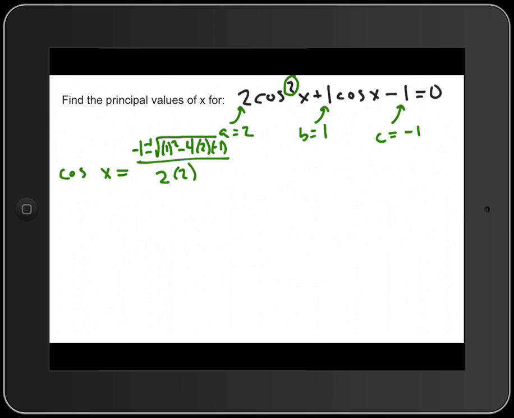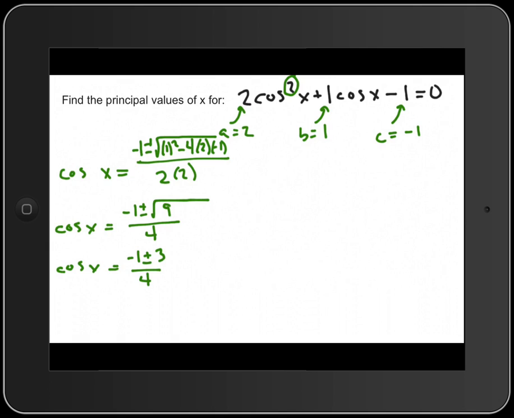So I'll do a little simplification. So I get the cosine of x is equal to negative 1 plus or minus the square root of, let's see, we've got 1, and this becomes plus 8, so this is 9 over 4. Alright, square root of 9 is 3, so we've got cosine x equals negative 1 plus or minus 3 over 4.